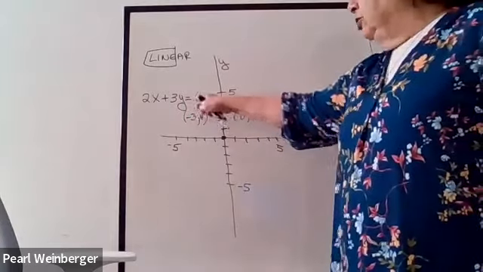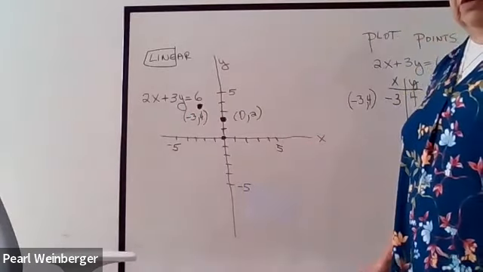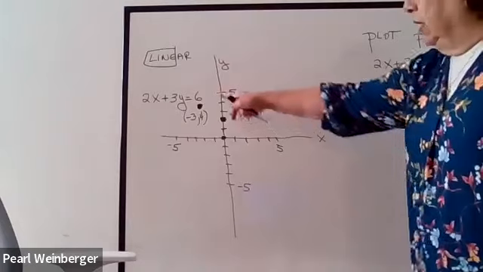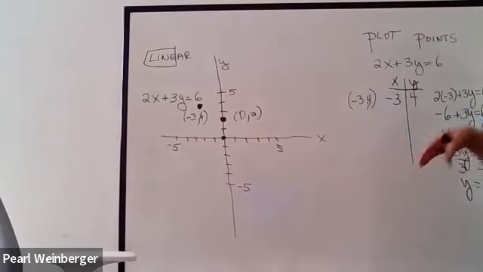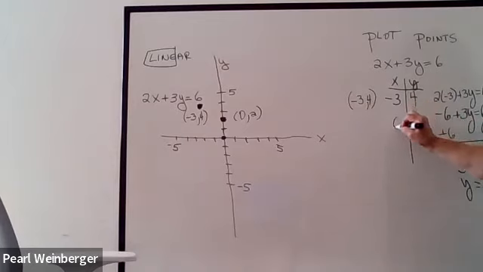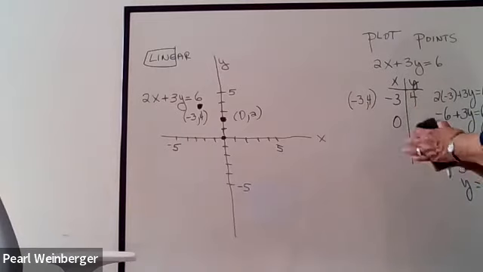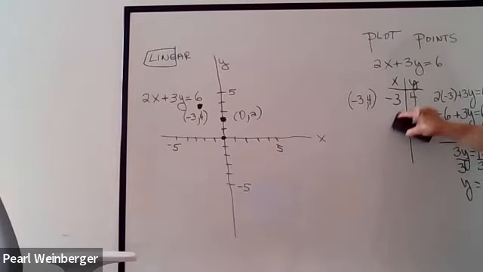Okay, actually, I could draw my line now because I already have 2 points. But let's try and find another point. Let's pick the easy one. Let's pick x to be, no, we did that one already. That one we already have.